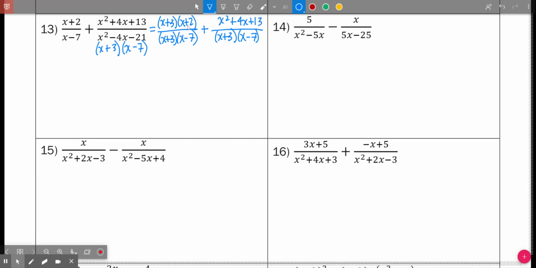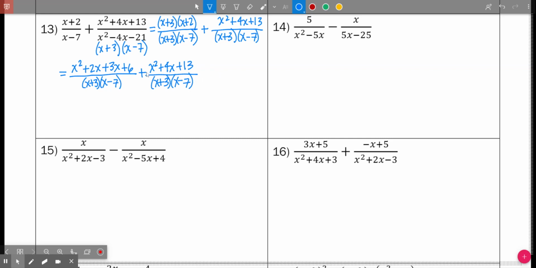So I'm going to distribute my numerator here when I add across the top. So this will be x squared plus 2x plus 3x plus 6 over x plus 3 times x minus 7 plus x squared plus 4x plus 13 over x plus 3 times x minus 7.